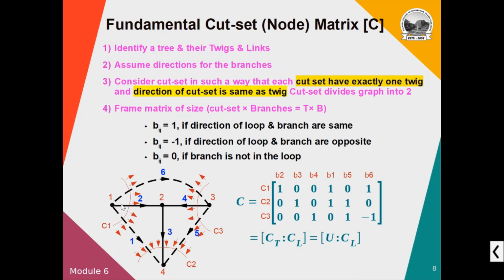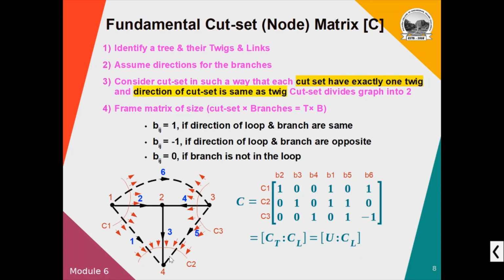The first node is separate, and cutting means you are just removing all the branches which are cut by this cut set. So if you are using this cut set, 1, 2, 6 can be removed. Once it is removed, the graph is divided into two parts. One has the first node, and the other part of the graph will have 2, 3 and 4. So the cut set means it is cutting the graph into two halves.